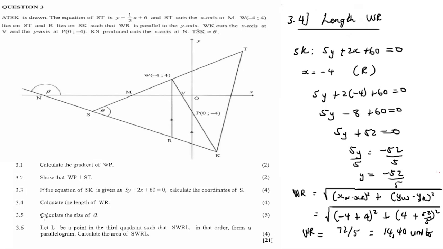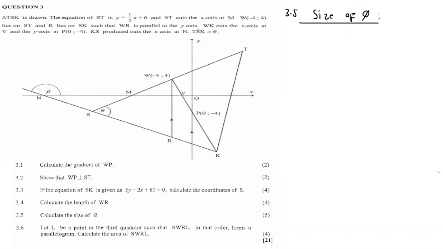Now 3.5, to calculate the size of angle theta. Now 3.5, we want the size of angle theta. For this we use the theorem of the external angle of a triangle. This theorem is very common in analytical geometry, especially to calculate an angle where we find it in a weird place like here.